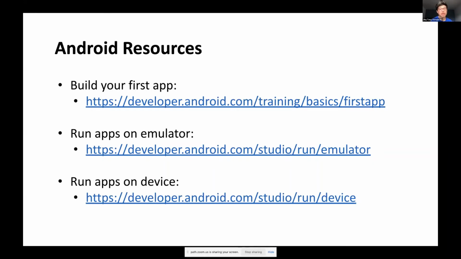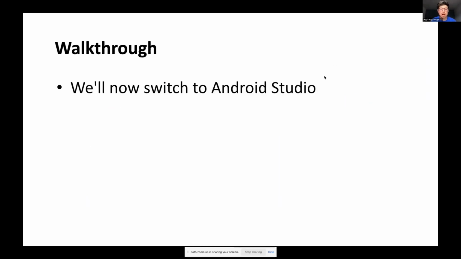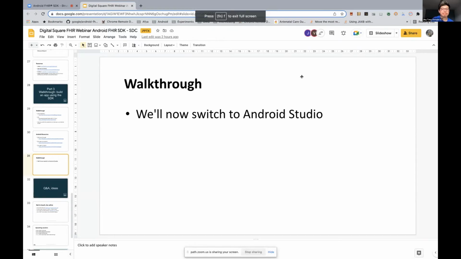There's a very good tutorial to walk you through how to build a first application, and then how to run your app on either the emulator or an actual device is also very important, because we'll be doing that later on today. Those are the links in this slide. And with that, we will go to my Android Studio screen.